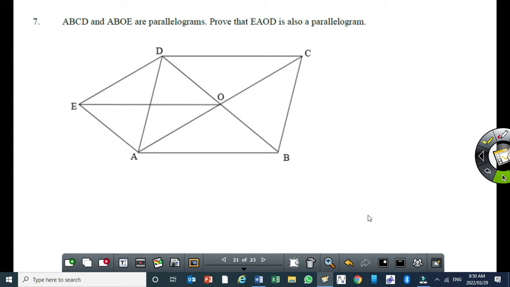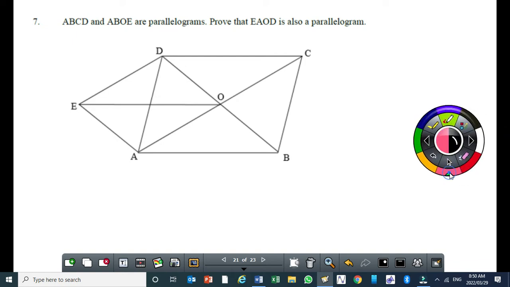We are told that there are two parallelograms here, that is ABCD and ABOE. So my suggestion, first I highlight the two parallelograms that you are given. So we've got that. So this is the first parallelogram.